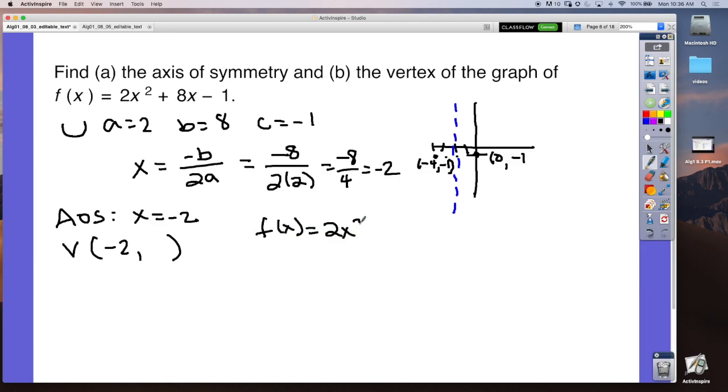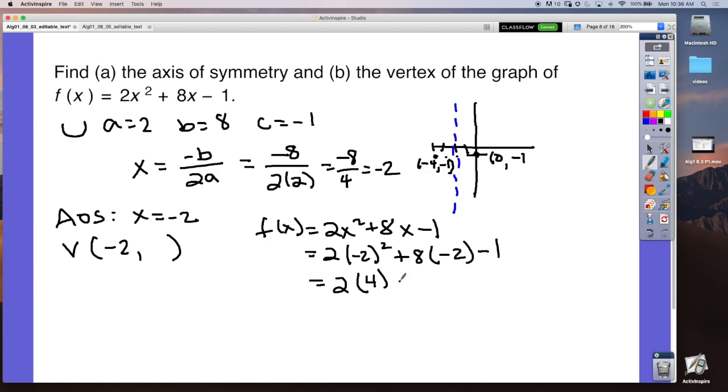So 2x squared plus 8x minus 1. 2 times -2 squared plus 8 times -2 minus 1. 2 times +4 minus 16 minus 1. 8 minus 16 minus 1, oops, equals negative 8 minus 1, which equals negative 9.